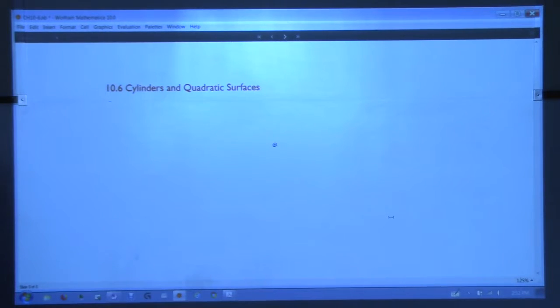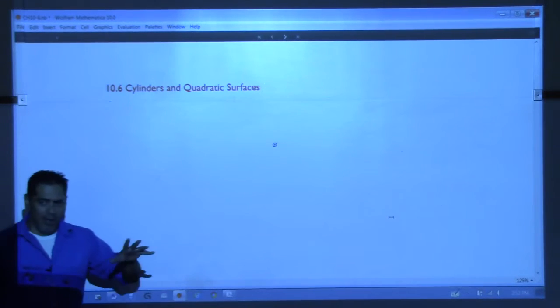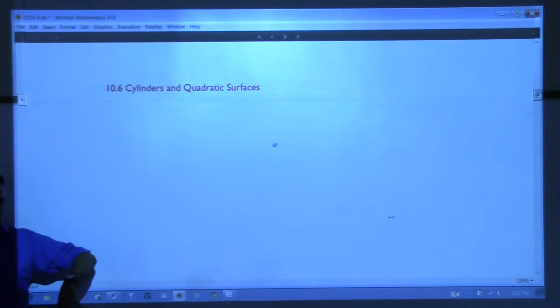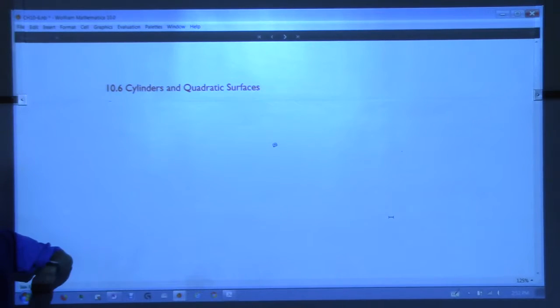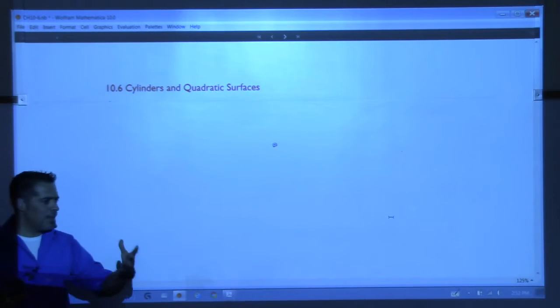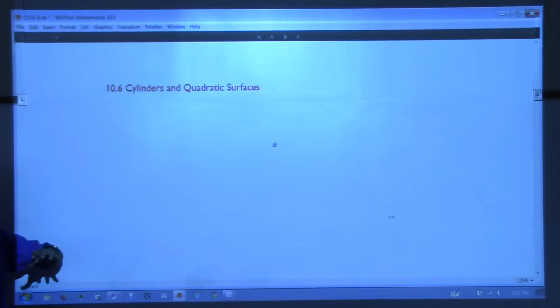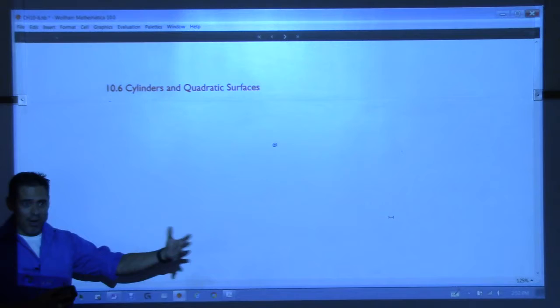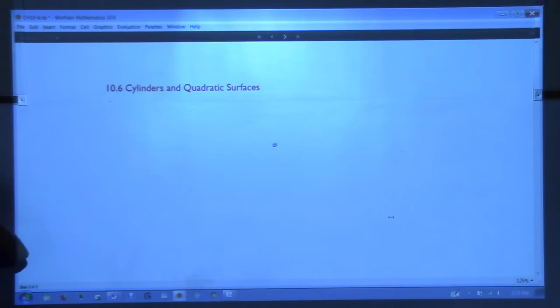Here's the idea. Later on in this class, we're going to be looking at these surfaces, and trying to find things like surface areas of surfaces, and things like flux. We first need to be familiar with what these things are. When we see the equation, we should be like, oh yeah, that's a blah.